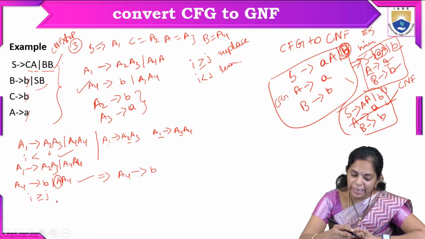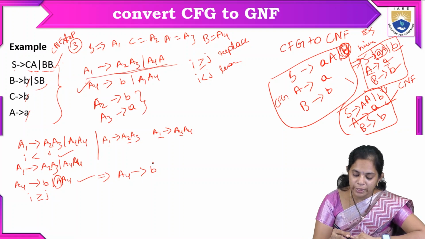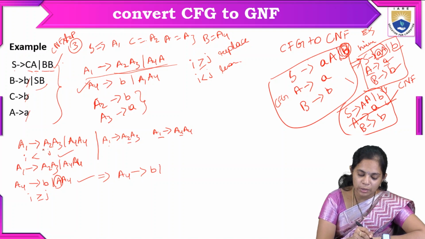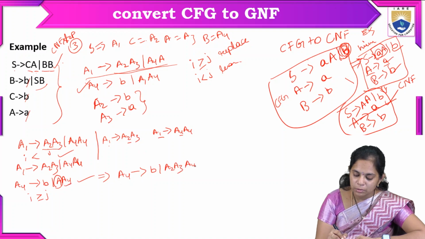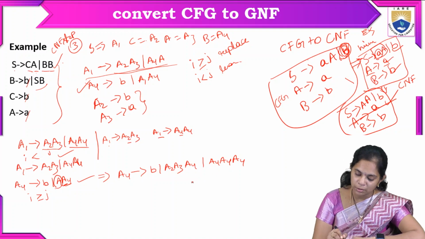So in this one A1 value is already there, so we need to replace this value. So A1 is this one, A2, A3, and along with the A4. So for this production rule also A4, A4 and this A4. So we are just, instead of A1, writing these two production rules with the substitution method.